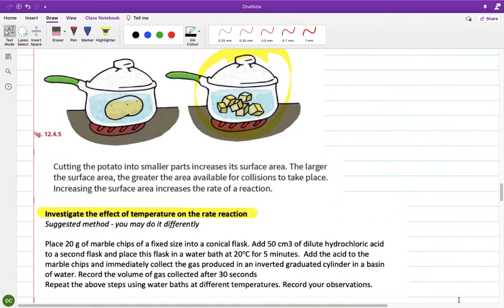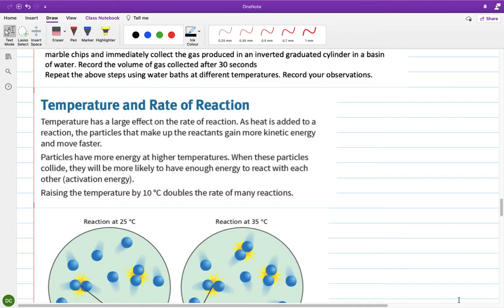Okay, so today we're going to look at the second factor affecting rate of reaction, and the second factor is temperature. Temperature has an effect on rate of reaction.